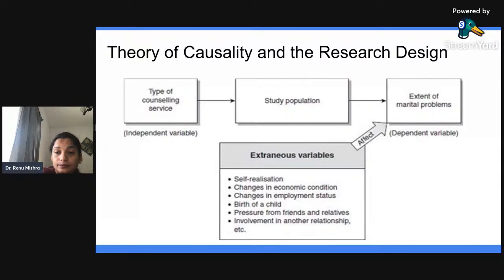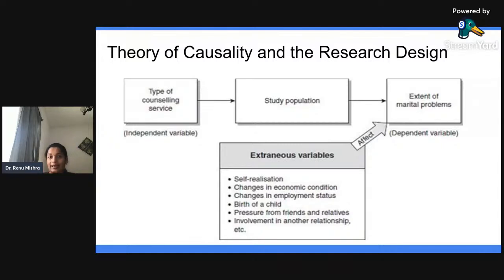These kinds of variables also affect the crop vegetation, right? But the researcher is not taking them into account. They are called extraneous variables. But they are there and they are affecting the crop. They are called extraneous variables.